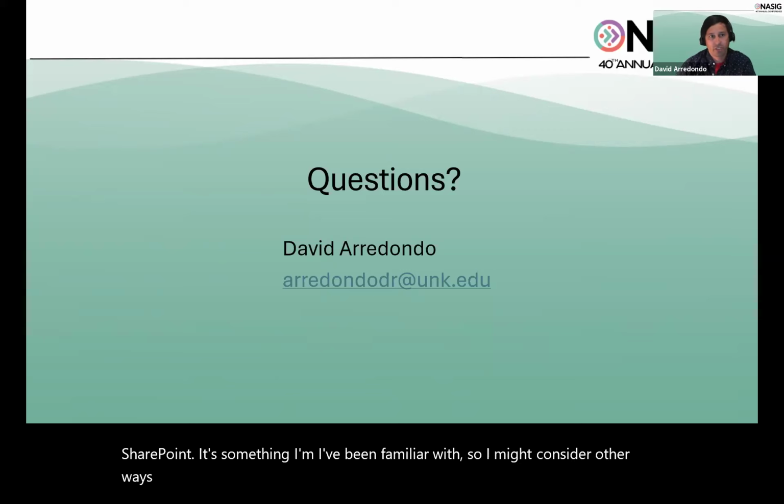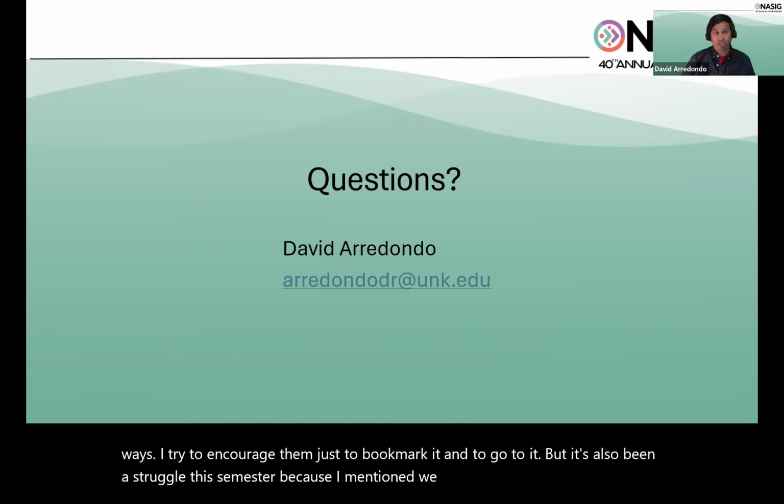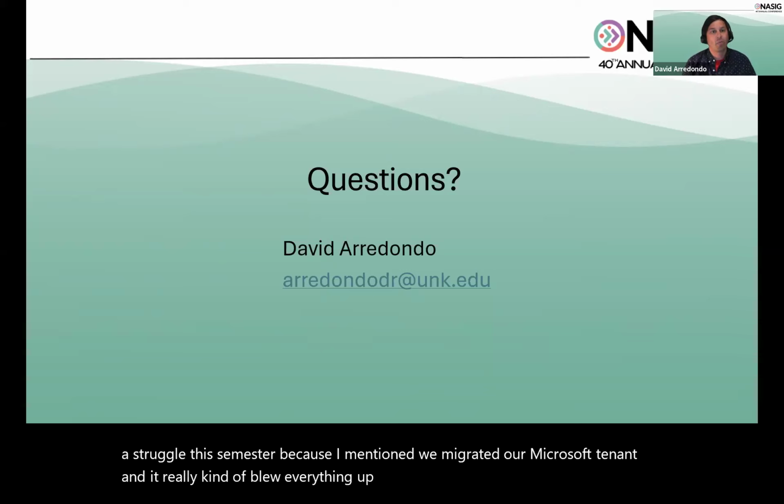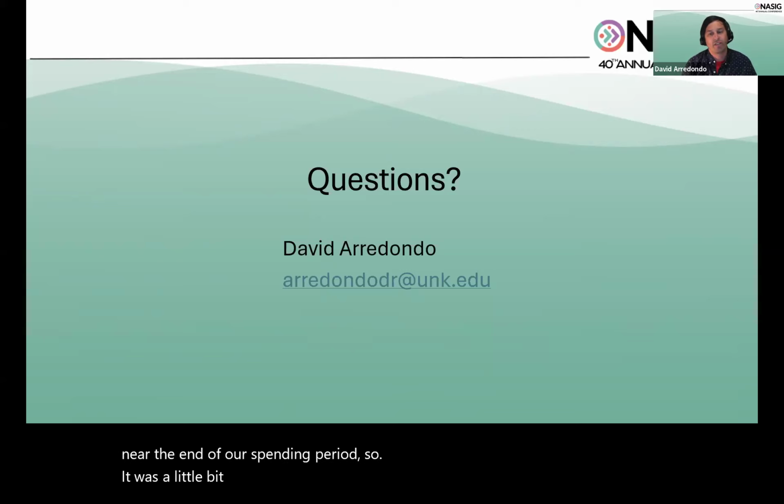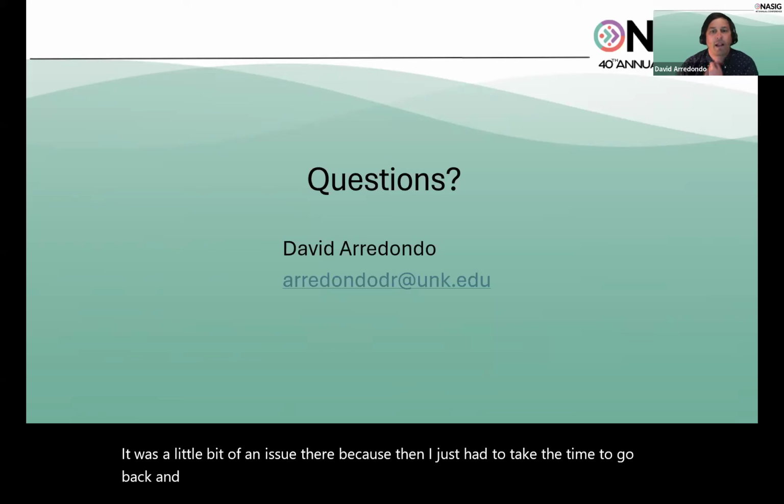I try to encourage them to bookmark it and go to it. It's also been a struggle this semester, because we migrated our Microsoft tenant, and it blew everything up for a little bit, right when we're getting near the end of our spending period. I had to take the time to go back and kick the pipelines back on. But that's how I'm doing it, in SharePoint.